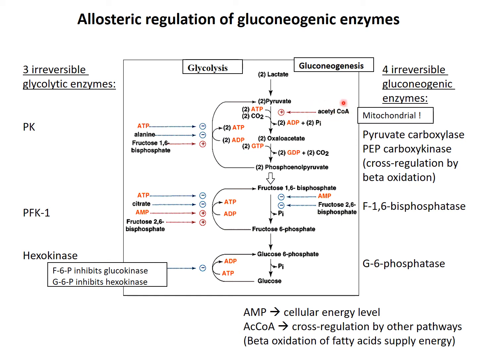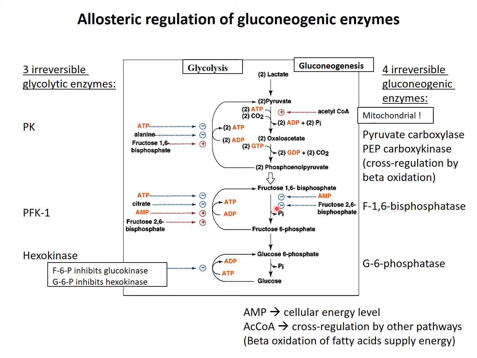Because acetyl coenzyme A is produced in the mitochondria from fatty acid beta oxidation. You remember pyruvate carboxylase is in the mitochondria, and it senses that energy is available for gluconeogenesis. So this acetyl coenzyme A upregulates the very first very important enzyme, and then gluconeogenesis can start.